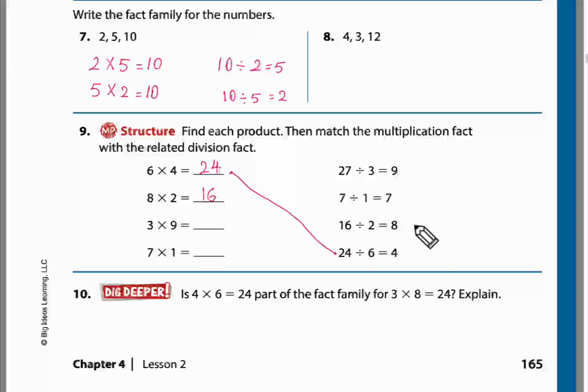Now, which division equation is related to this multiplication equation? 16 divided by 2 equals 8. Excellent. So let's match this one to 16 divided by 2 equals 8. Thank you, Ahmad. Good work.